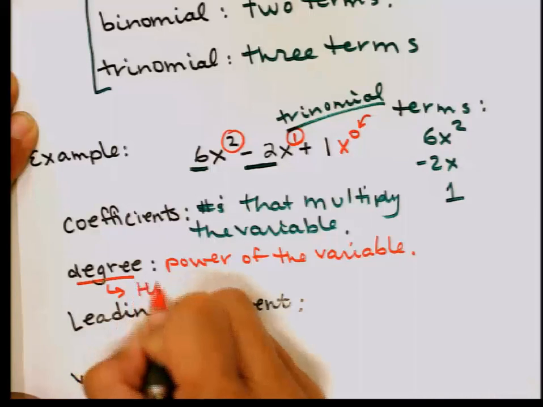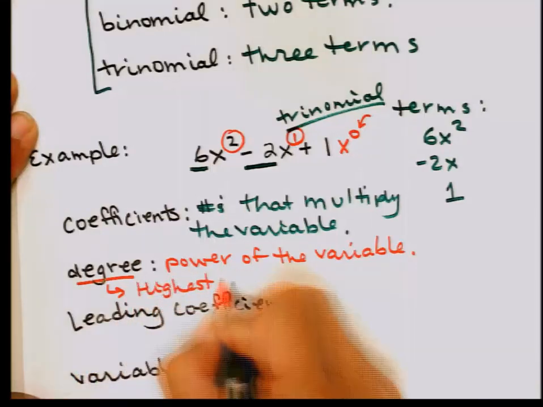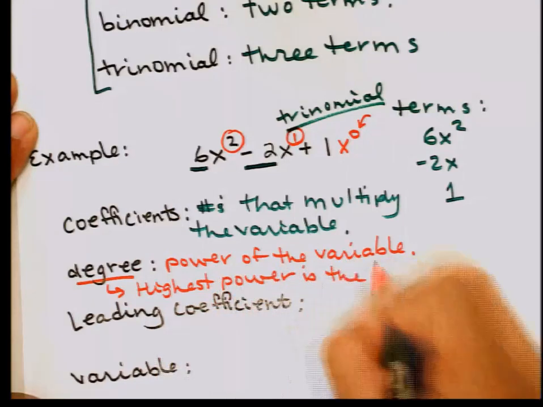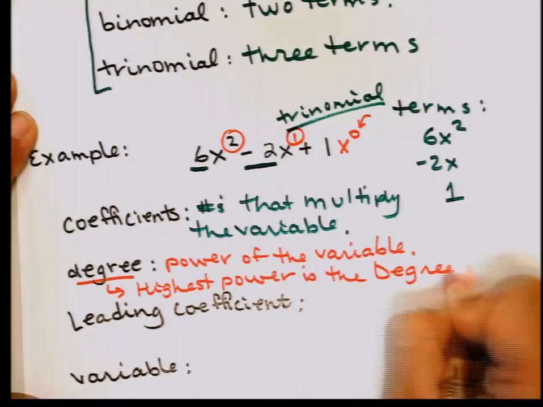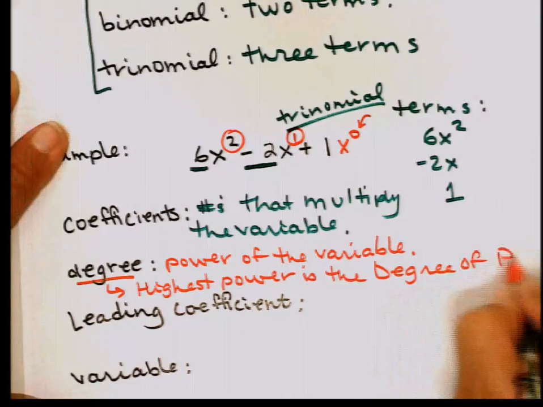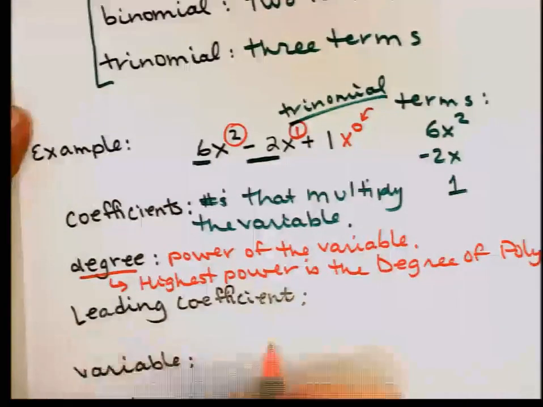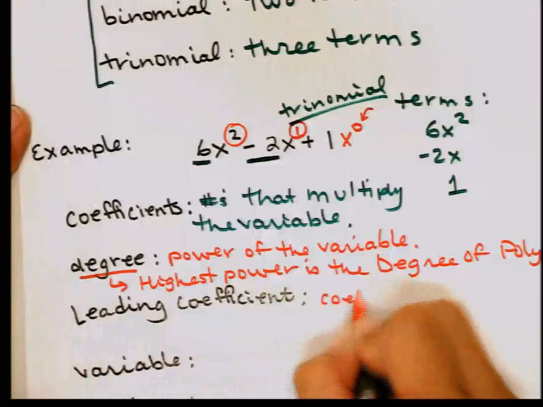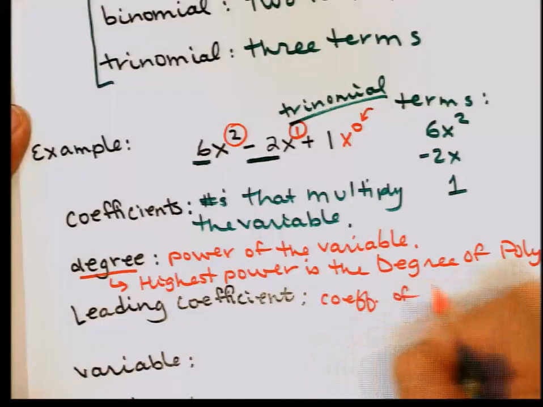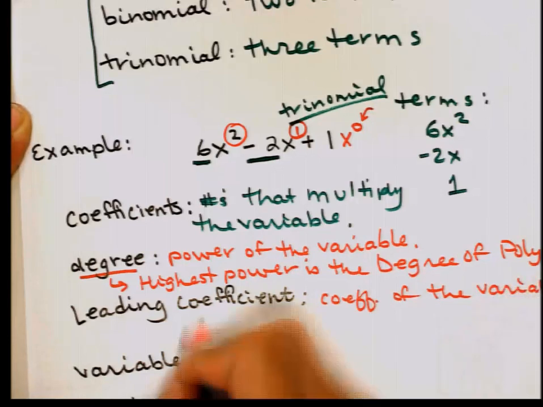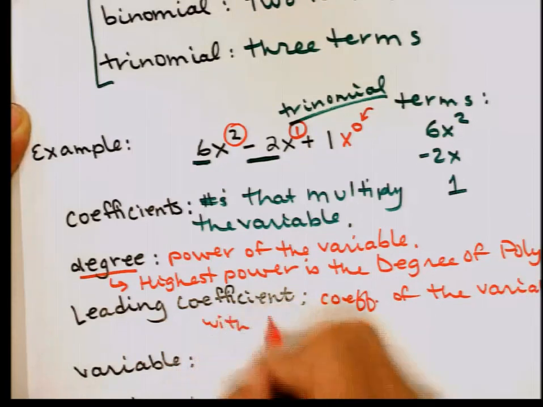So the highest power, largest number, is the degree of the polynomial. Okay, leading coefficient is the coefficient of the variable with the highest power.